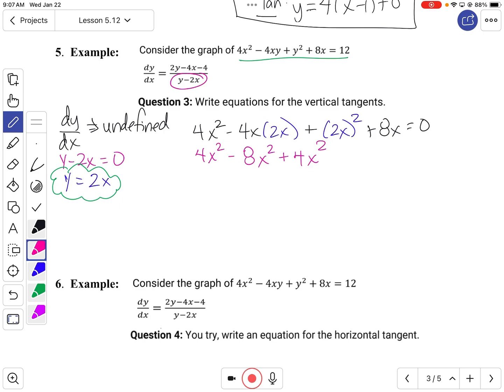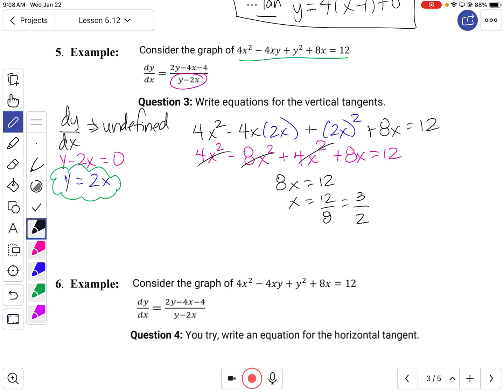Oh, this is 12, not 0. I don't know why I put 0 there. I was having a brain sparkle. Okay, all right, so let's simplify. Plus 8x is equal to 12. Right? Well, what's going to happen to all those x squares? Ooh, they cancel out. It's my favorite. So I get 8x is equal to 12. X is equal to 12 over 8, which is just 3/2.